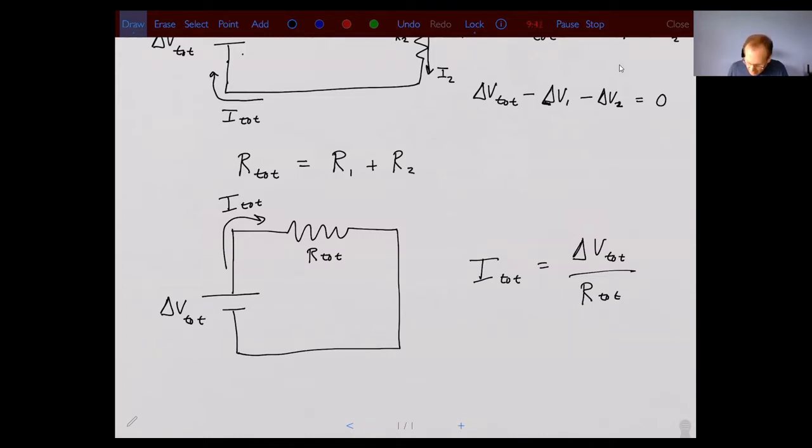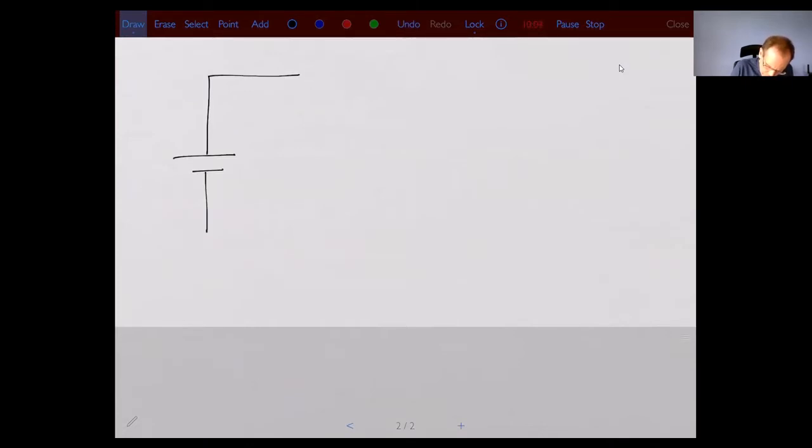Okay, the next type of circuit that we're going to study is something called a parallel circuit. So a parallel circuit looks like this. So this is delta V total.